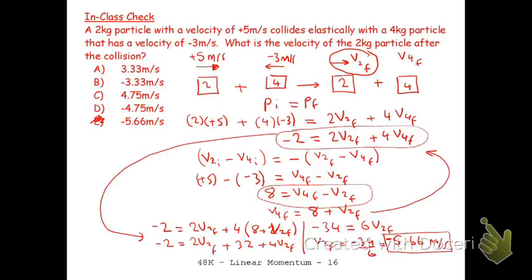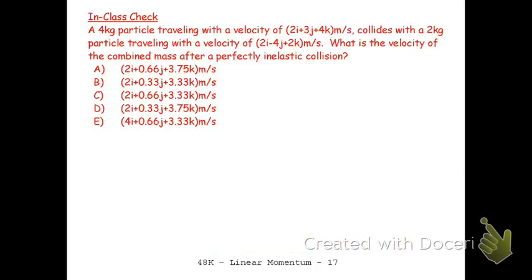Cool? So, elastic collision. We can do some of this with IJK, which is kind of nice. A 4 kilogram particle, and it doesn't matter which direction you do these in, it's just symbolic, 2I plus 3J plus 4K meters per second, collides with a 2 kilogram particle.